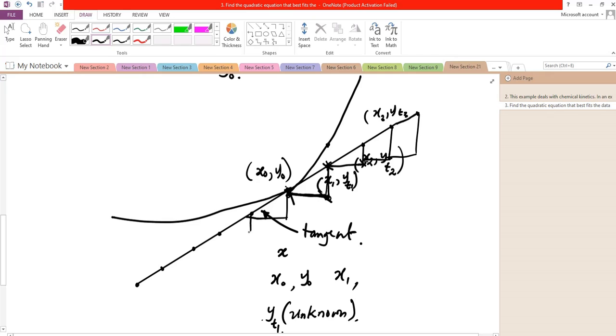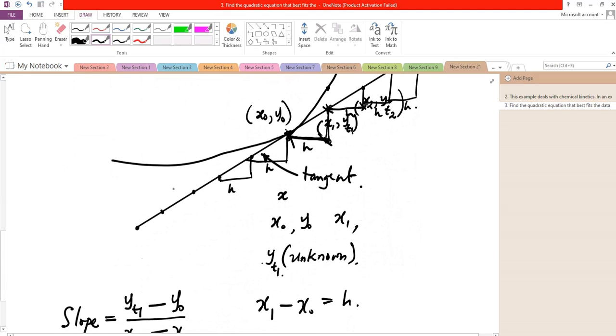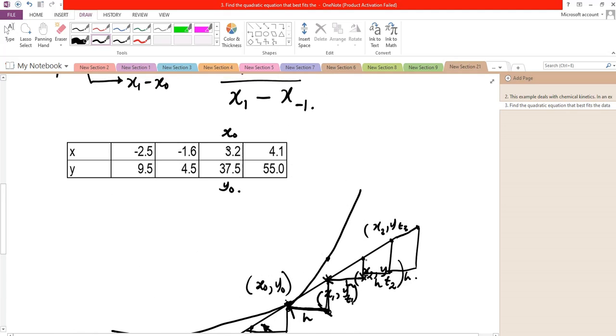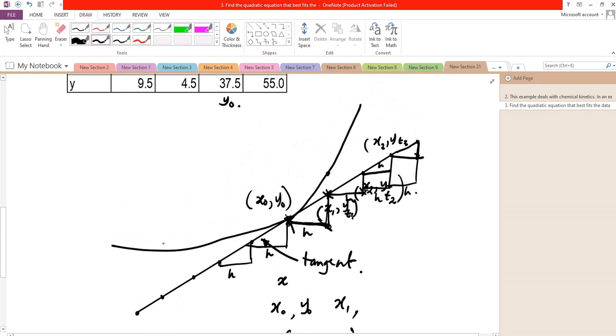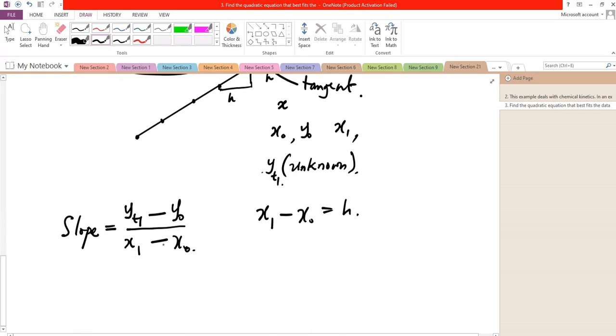There is a constant difference here. Now let's say this is h, this is h, this is h, this is h, this is h, this is h. So there is a constant difference. Let's assume there is a constant difference in between those values.